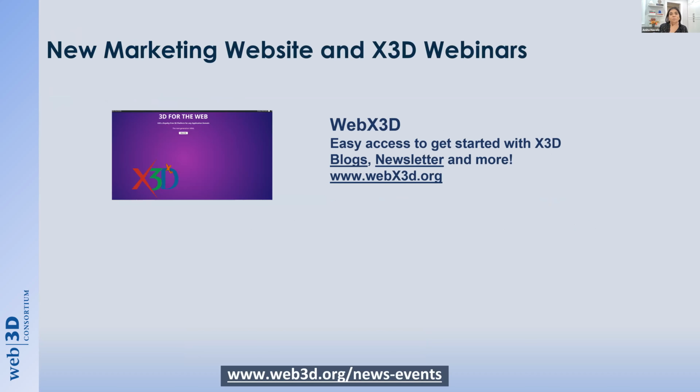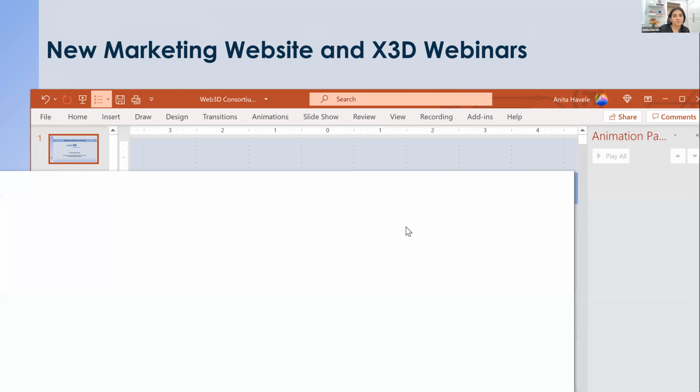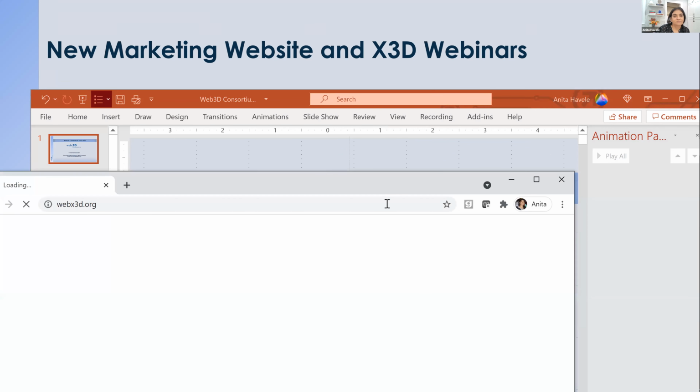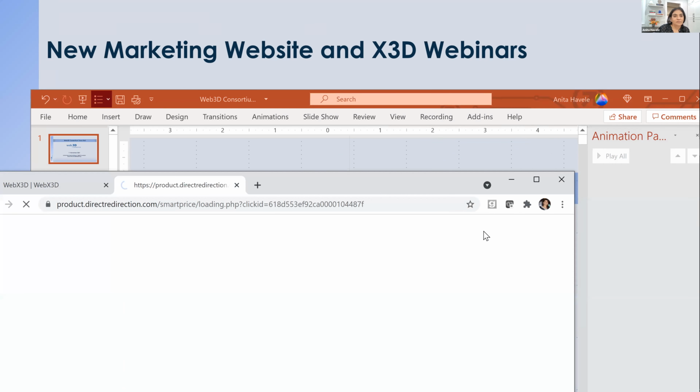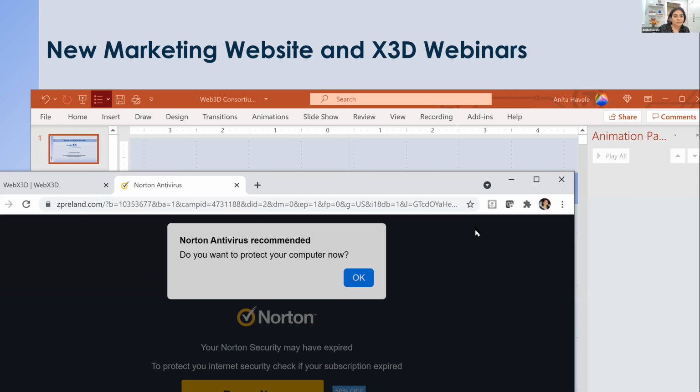So we also have a new marketing website. If you go to this website, there are examples. I'm going to try and go here and see what happens. Oh, wow.